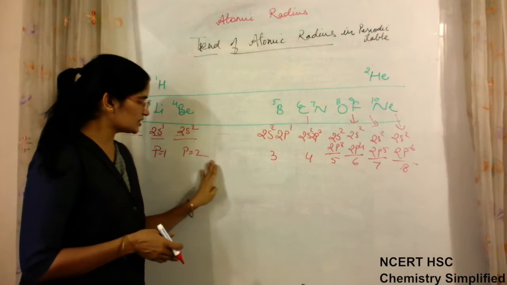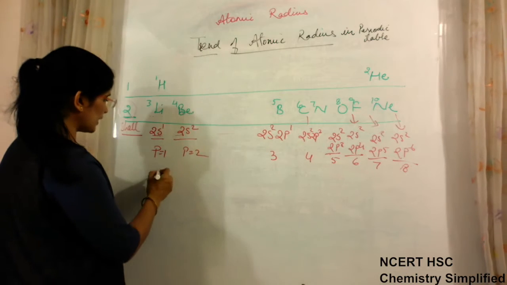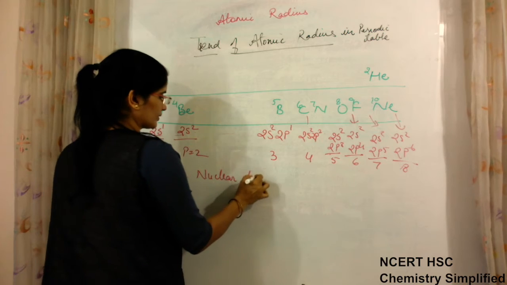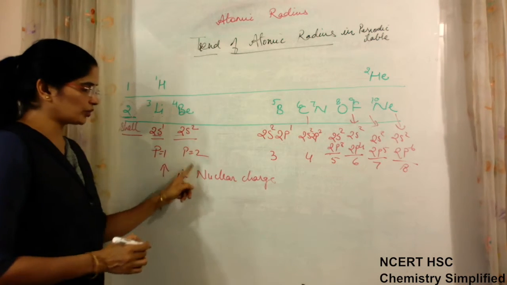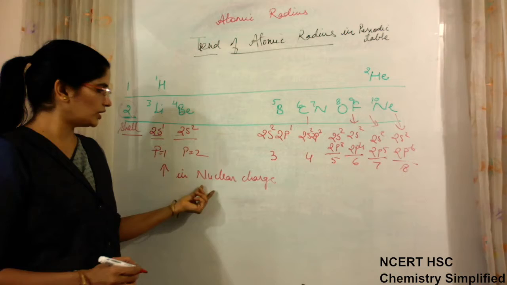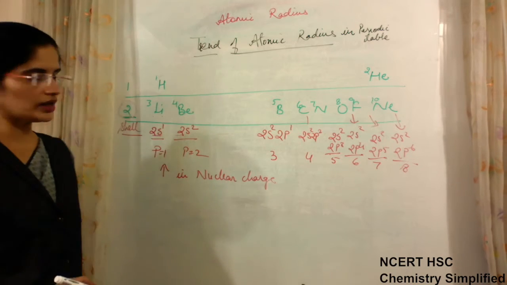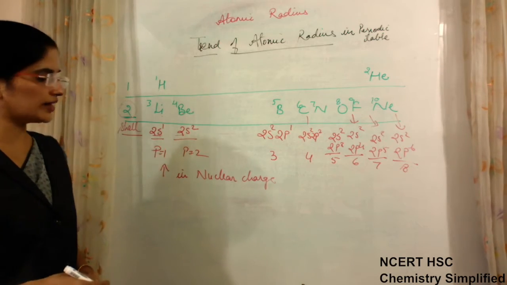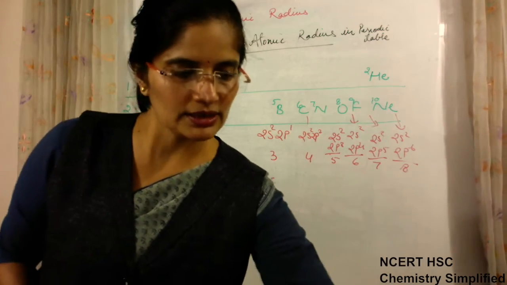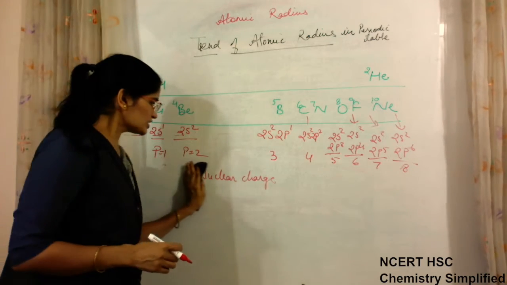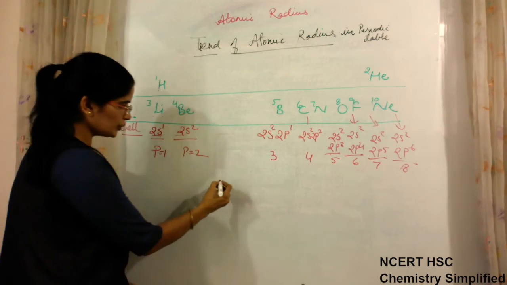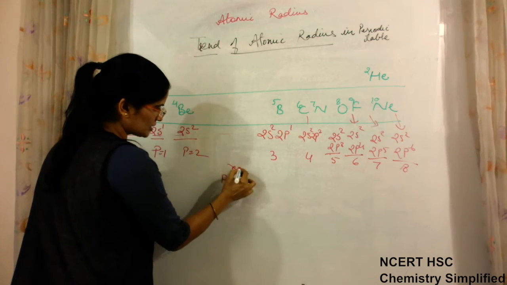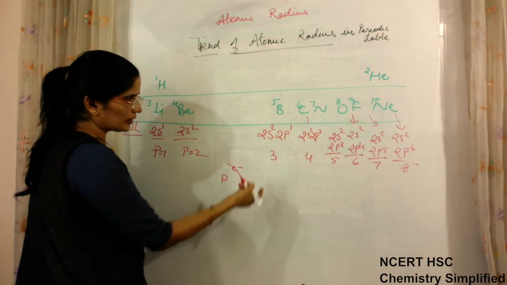This increase in the proton number is known as increase in nuclear charge, because the charge of the proton is present in the nucleus. So nuclear charge is increasing and electrons are getting added in the same shell. Because of this, what happens?